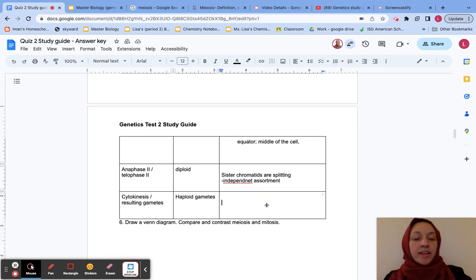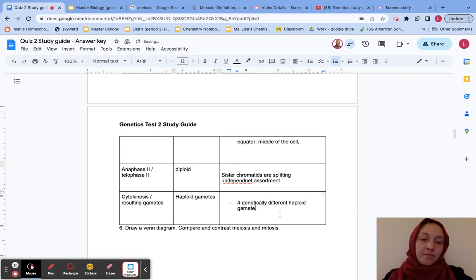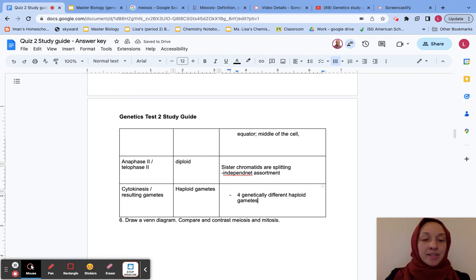And the most important thing about our gametes is that meiosis results in 4 genetically different haploid gametes. Okay. That is the result of our meiosis.